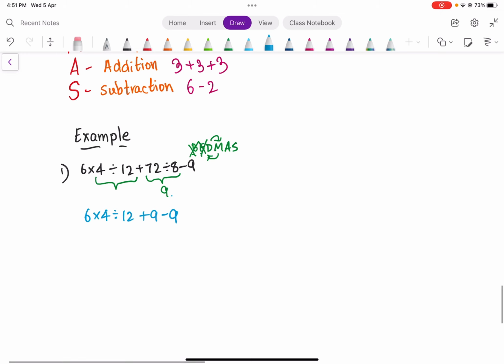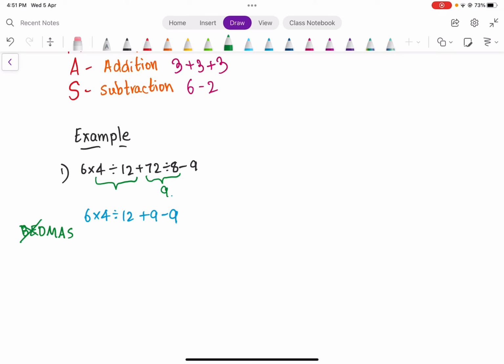So let's see what we can do now. I'm going to erase this BEDMAS and make a new one. Oh no, I erased the 9. Okay, so our BEDMAS.